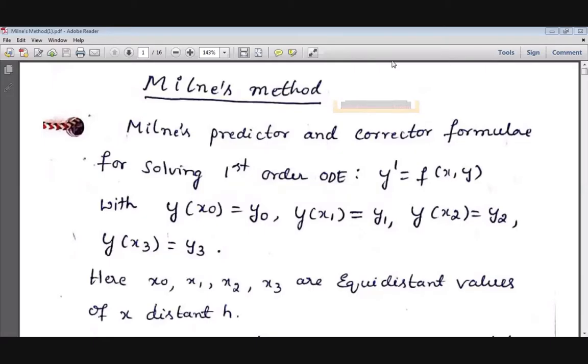Anybody solved? I will open that. Just a minute, I will open that notes. Then I will go to this method.